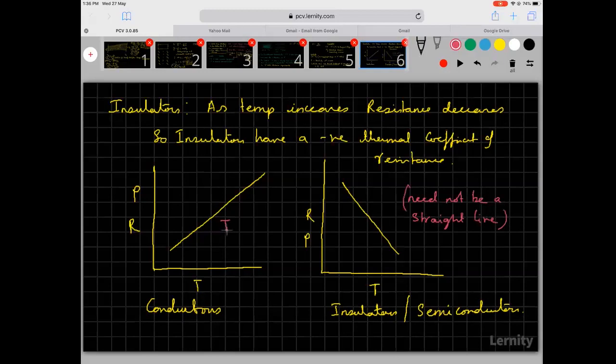This is a straight line. Why is this a straight line? It has been experimentally proved. Very simple. Okay, can you make some notes here?